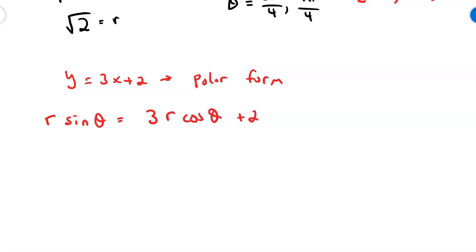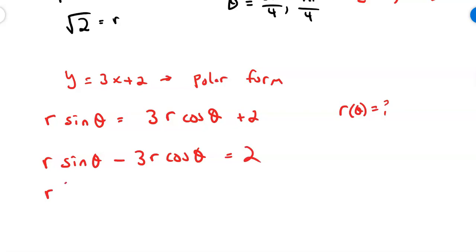Now my goal, if possible, is to solve for r. So I want r in terms of theta. Okay, how can I do that? Well, if I'm going to have any chance of doing it, I've got to get everything with an r on the same side. So let's do an r sine theta minus a 3r cosine theta equals 2. Now that the r's are on the same side, factor the r's out. So I get r times sine theta minus 3 cosine theta.